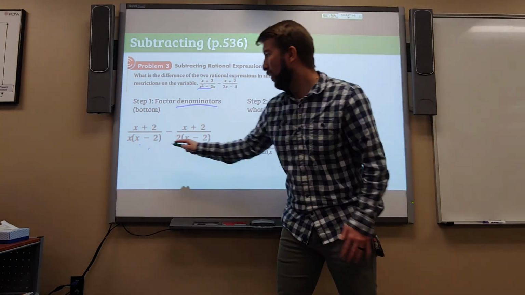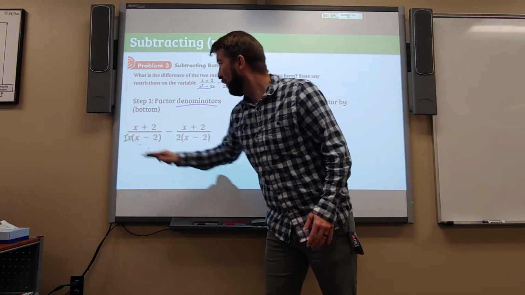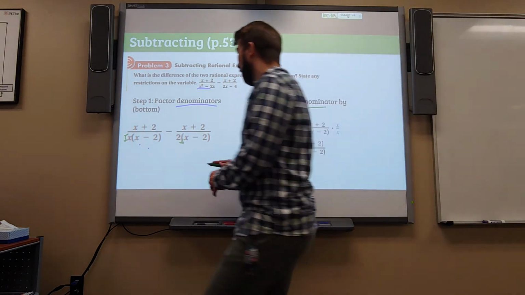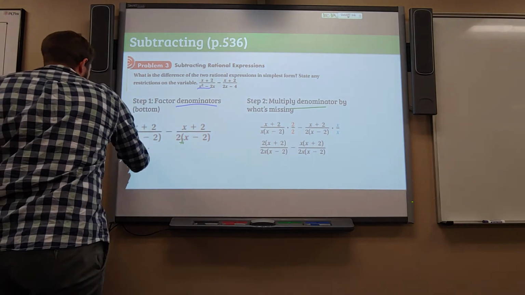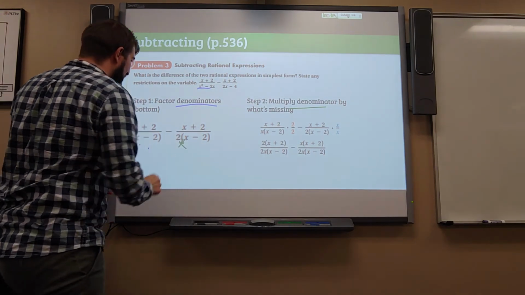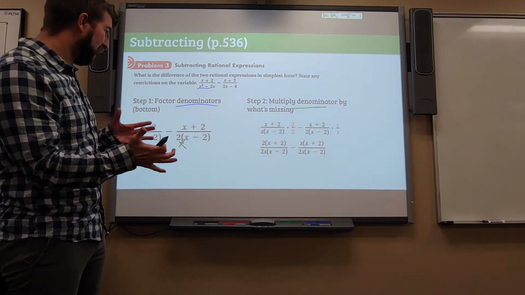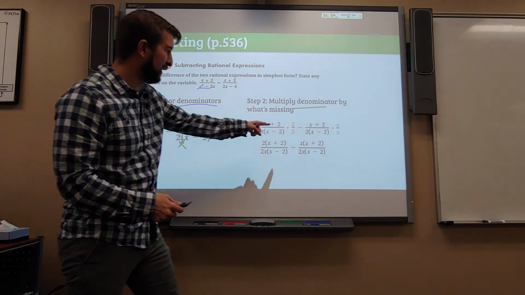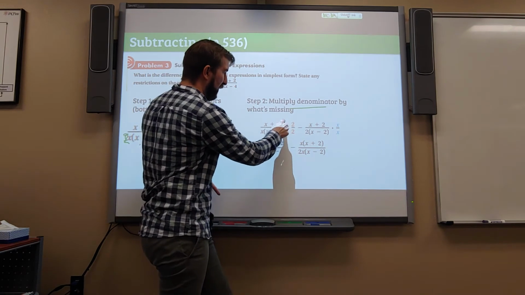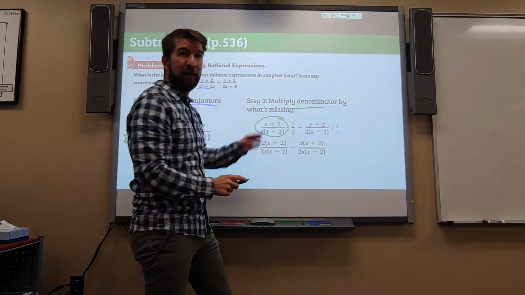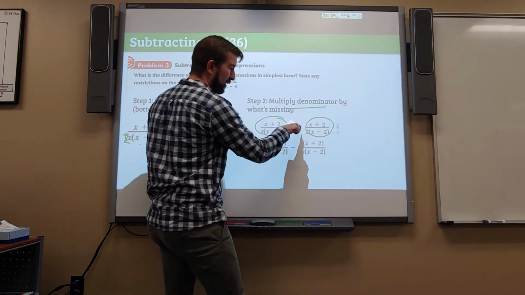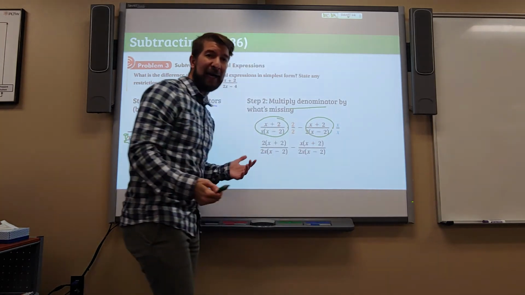All right. And so notice over here I'm missing a 2, but over here I'm missing an x outside. All right, that's kind of sloppy, but a 2 and an x. So I actually have to multiply this part by 2 and this part by x, which is what they show you over here. They're multiplying the left side, the numerator and denominator, each by 2, and they're multiplying the right side by x.